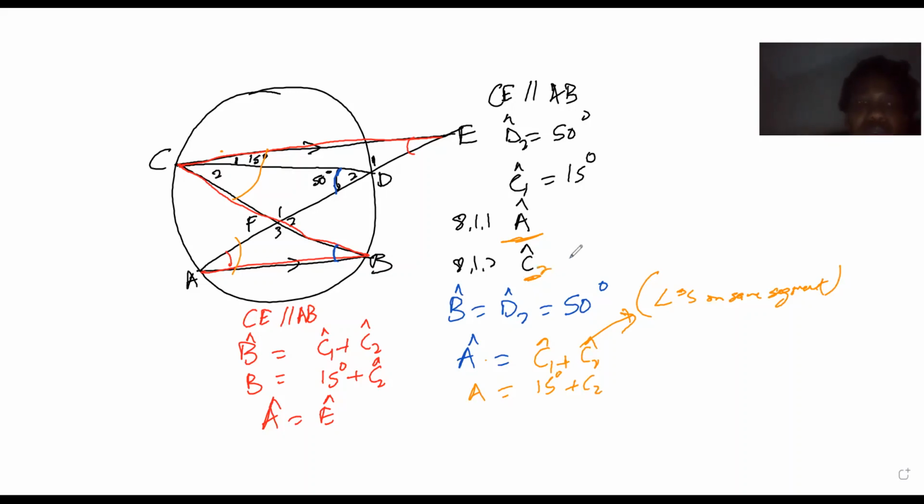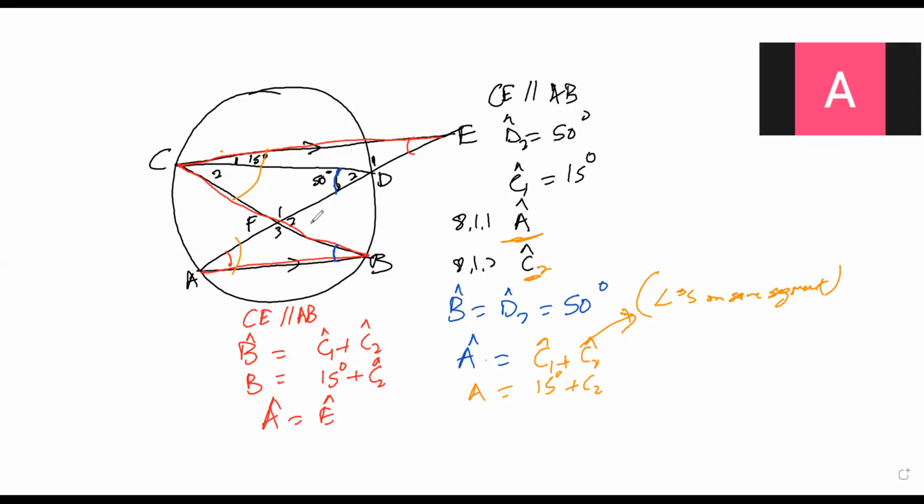Okay, so what can we get? Yes? Ma'am, isn't C2 equal to 50 degrees? Isn't C2 equal to 50 degrees, and the reason is opposite? Opposite? Yes, what's the reason you're saying C2 is 50?